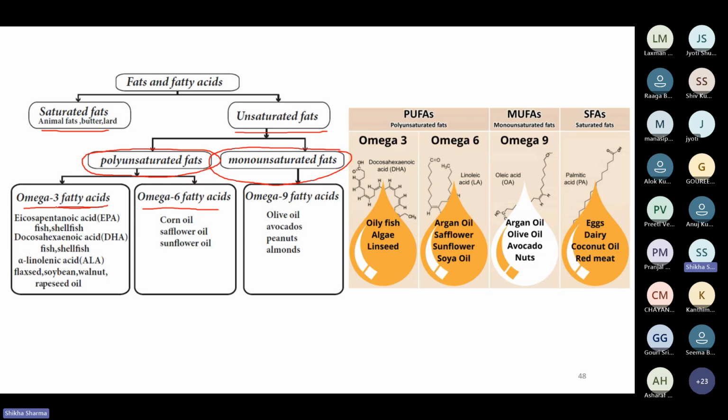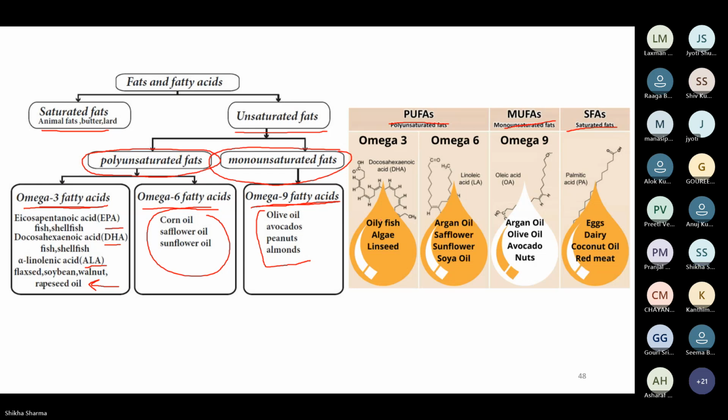In omega-3 we have EPA, DHA, ALA, mostly found in nuts, fish, or shellfish. Omega-6 is found in corn oil, safflower oil, sunflower oil. Omega-9 is in olive oil, avocado, peanuts, and almonds. So besides PUFA and MUFA, we also have saturated fats.